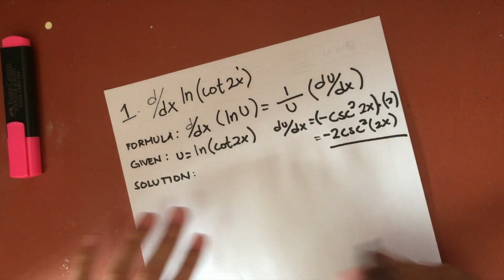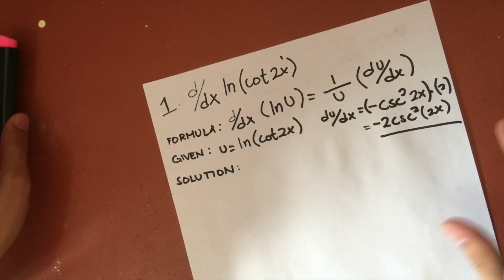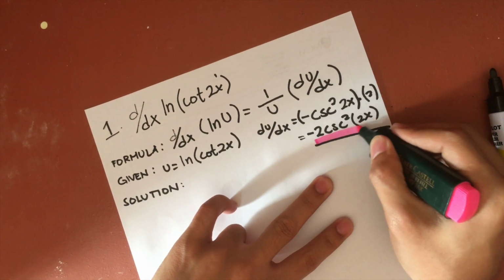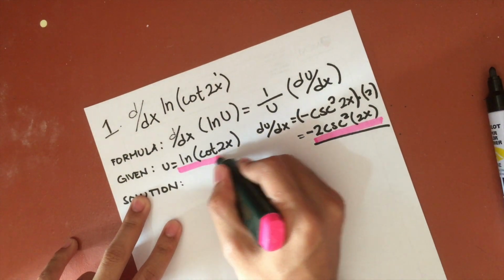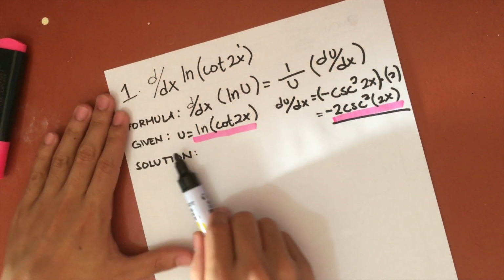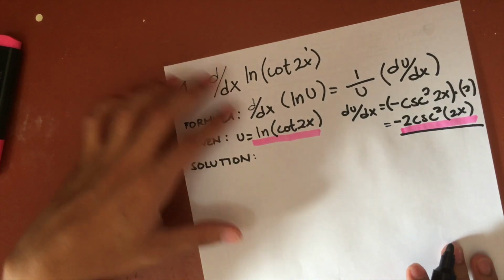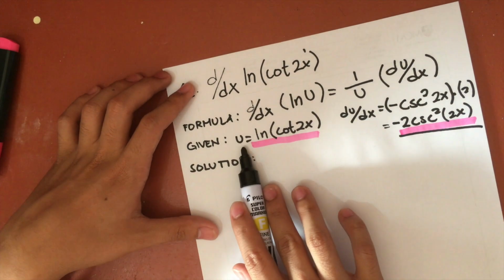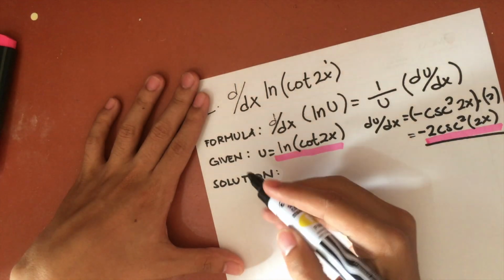Now we already have our derivative du over dx. So now we already have the given problem so that we can easily substitute this to our formula.